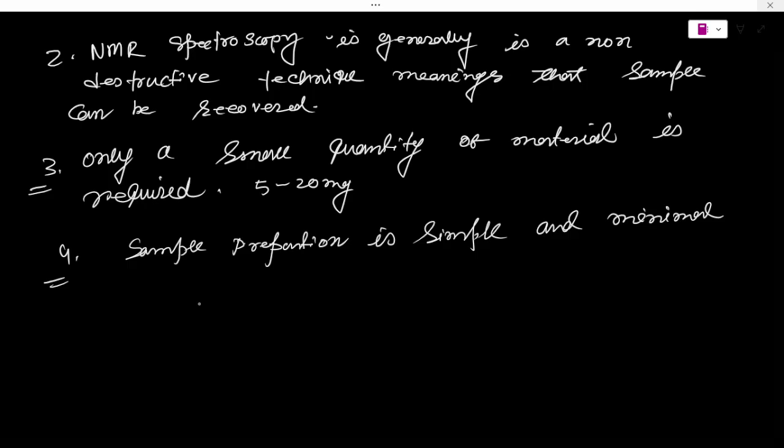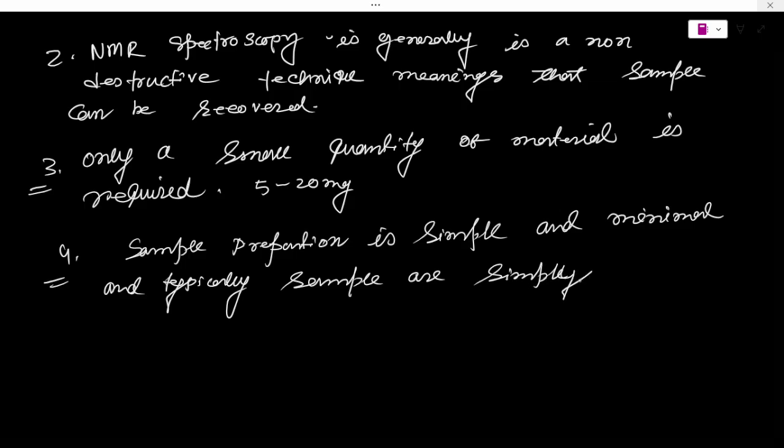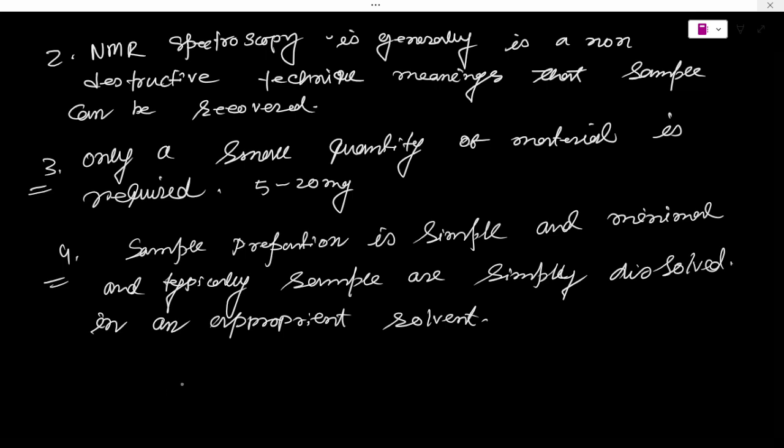Typically samples are simply dissolved in an appropriate solvent.